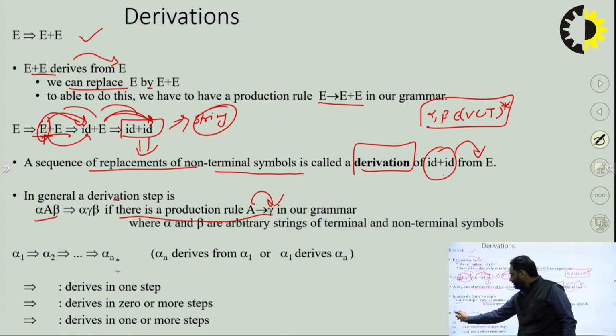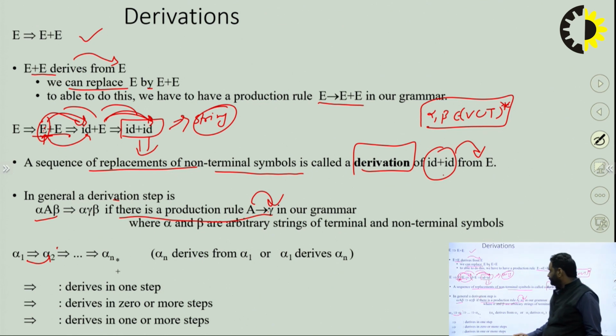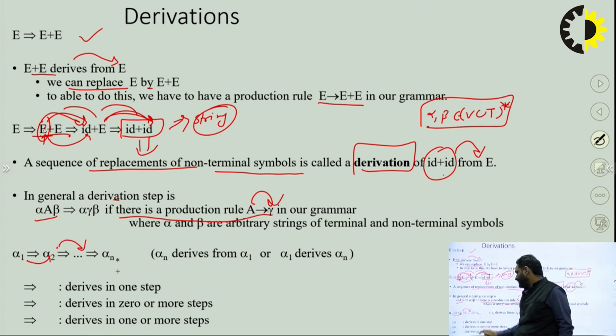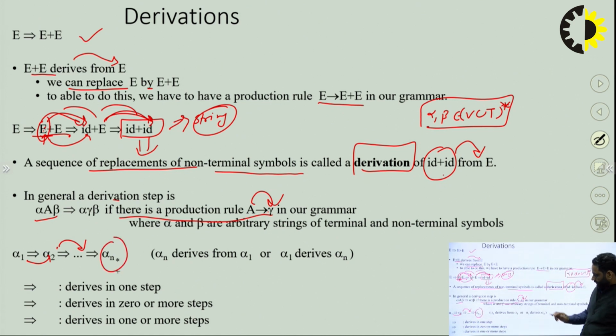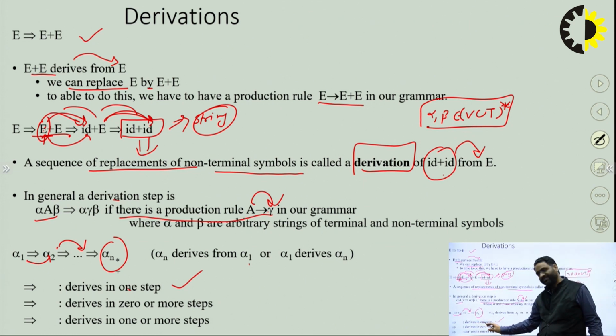So we have alpha 1 going to alpha 2 by the first replacement, then a number of replacements until we get alpha n. So alpha n derives from alpha 1 through a number of steps. If we get our given string in a single step, we say it derives in one step.